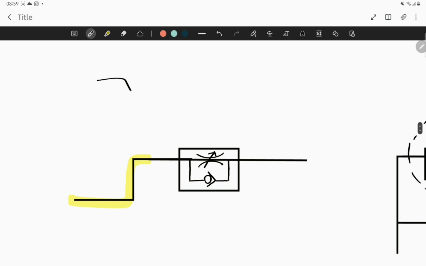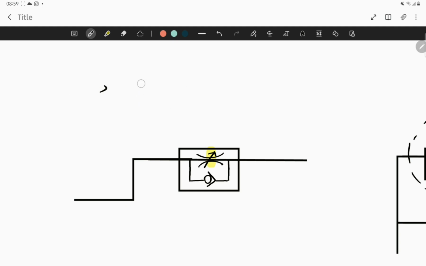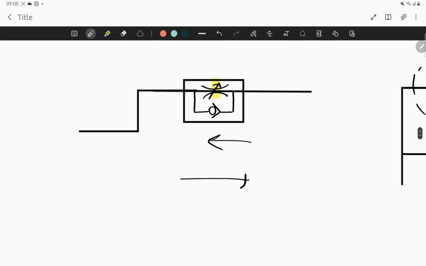So you have kind of a thing like this, and the air is flowing here, and when it reaches this point, which is represented here, it's forced to go slowly. So you control the speed of the air flow, and it is just in one direction, because if you go through here, this thing doesn't block the air to go from right to left. It just blocks it from left to right.